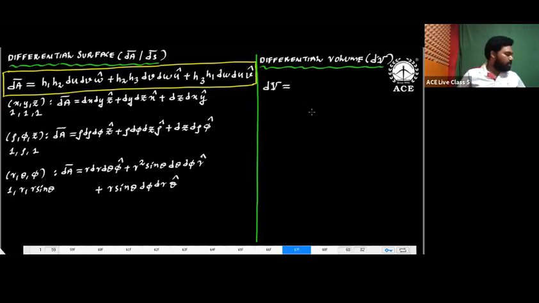Differential volume is multiplication of all the things, isn't it? dx dy dz. Here also in the standard form, same story, but along with the scaling factors. So what are the scaling factors here? h1 h2 h3 du dv dw. So this is a standard form.